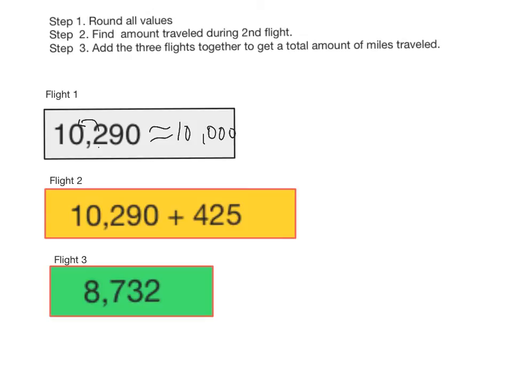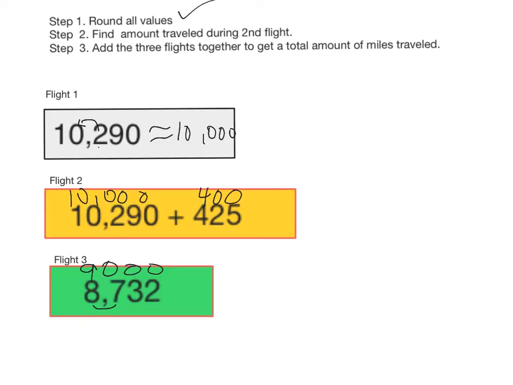So I already have done flight 2 because I've already said this is about 10,000 miles. So that gives this amount right here, which is about 400 miles. Now I'm on flight 3, which that 7 is going to tell that 8 to score. So this is going to be about 9,000 miles. So step 1 is done.